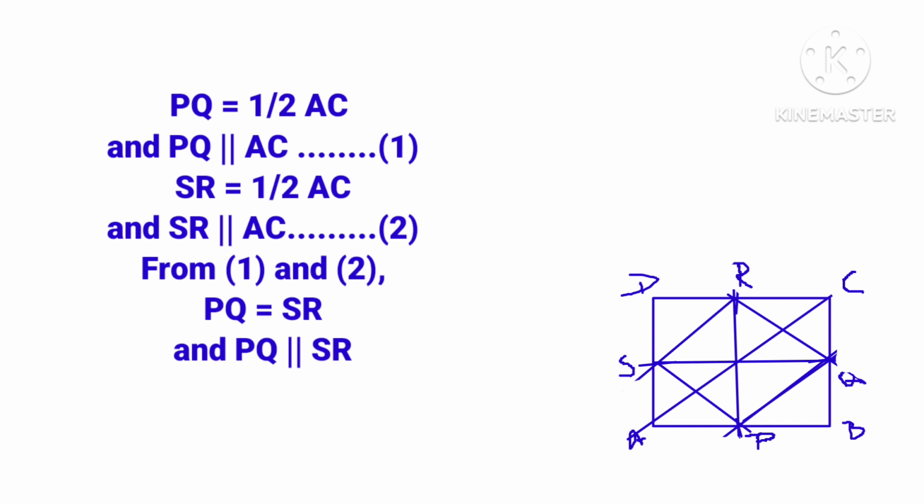Now PQ is equal to half of AC and PQ parallel to AC, that is equation 1 I have already proved, and SR is equal to half of AC and SR parallel to AC, equation 2 I have already proved. From 1 and 2, PQ is equal to SR and PQ is parallel to SR.